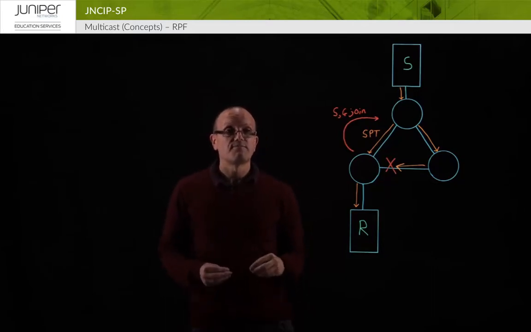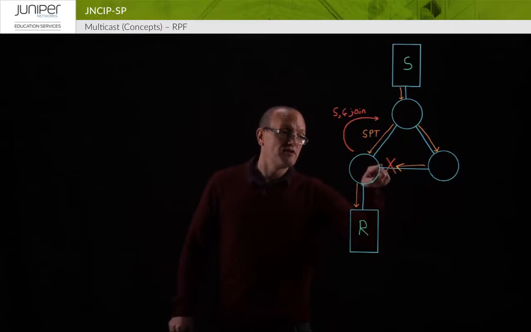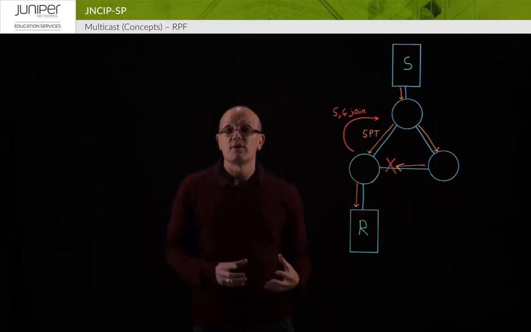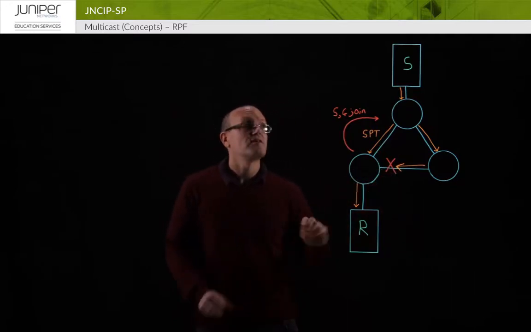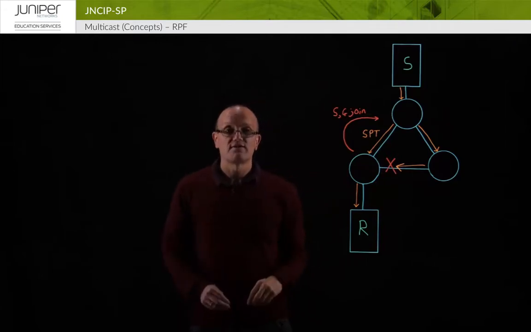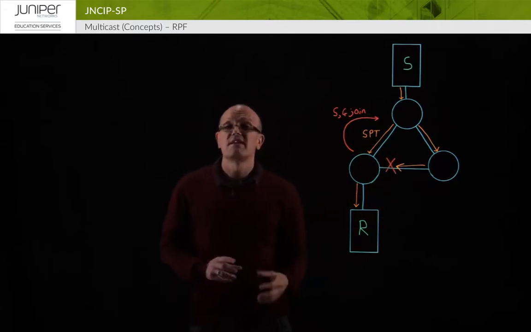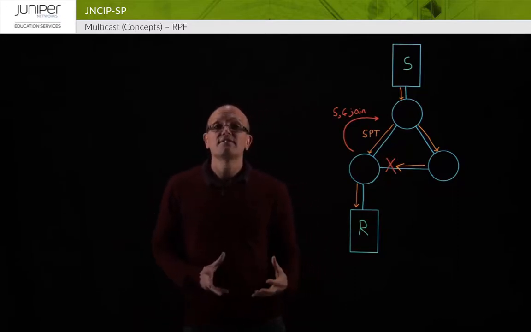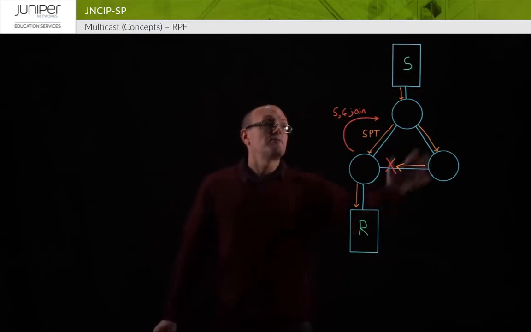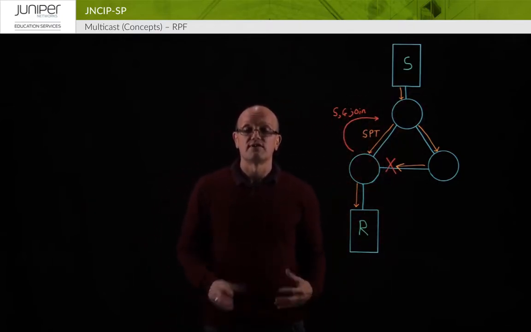Multicast traffic from this source to a given group received on this interface are again subjected to an RPF check, but in this case, this interface is not the best path to the source IP address. So all of these multicast packets are dropped because they fail the RPF check. And this is how RPF operates in a multicast environment to prevent traffic duplication and traffic loops.